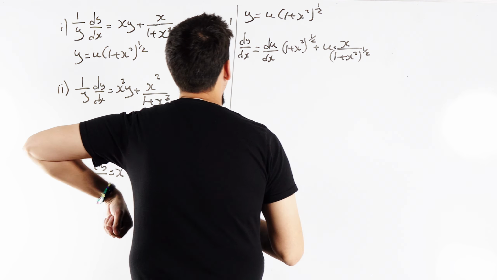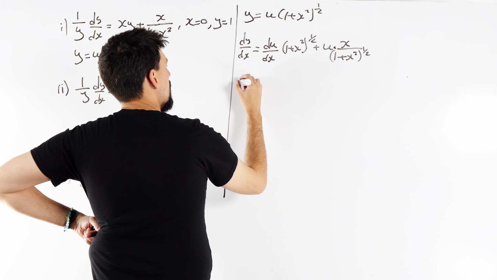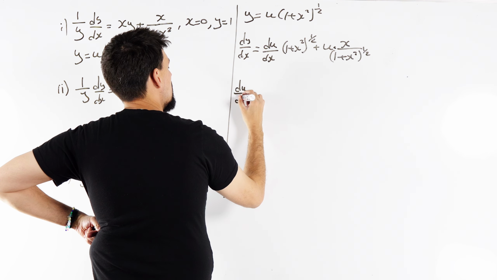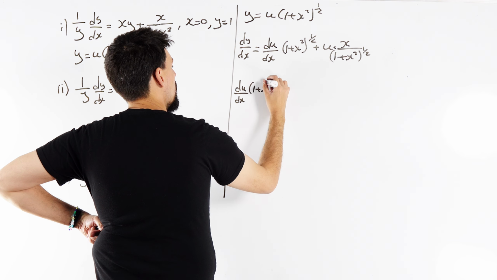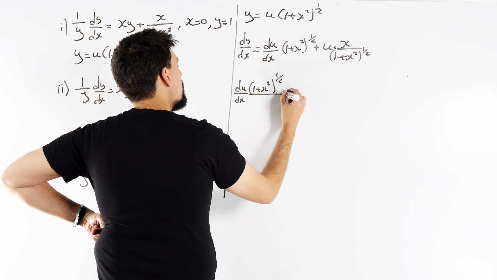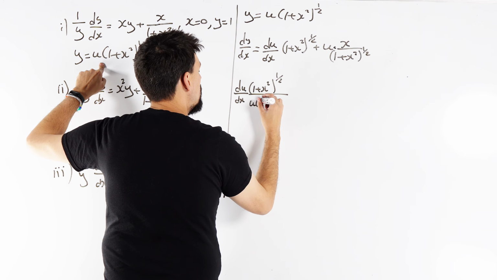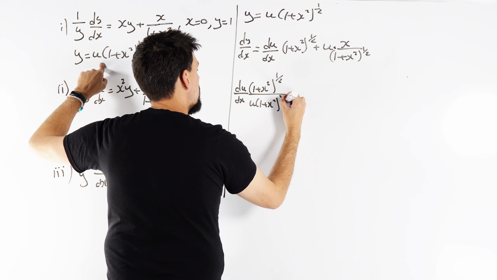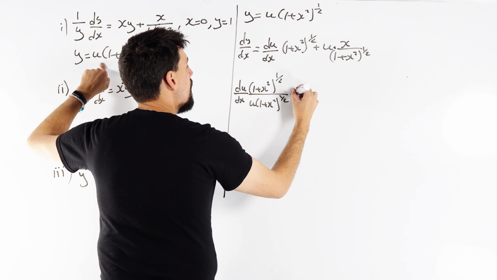Now, let's plug that in. We've got 1 over y times that. So that is du/dx times (1 plus x squared) to the half, divided by y, which is u times (1 plus x squared) to the half. So that's nice.